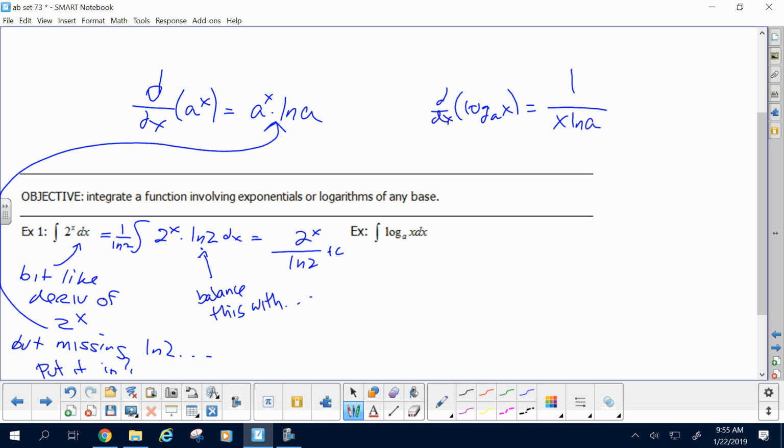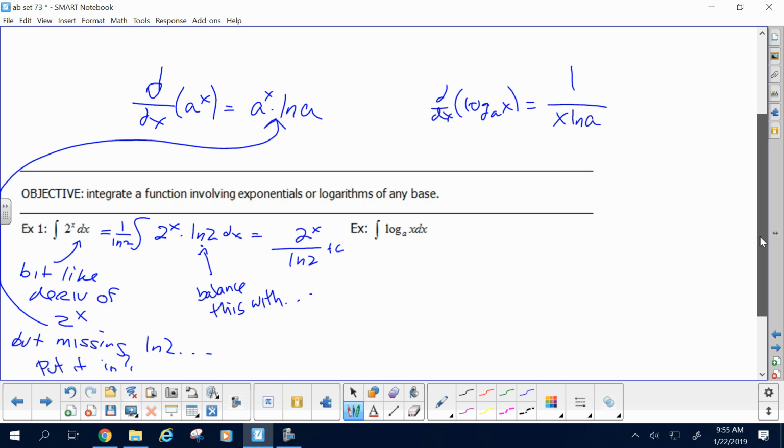When you took the derivative of a to the x, it was a to the x times log of a. When you take the antiderivative of a to the x, it's a to the x divided by log of a. You can see 2 to the x over log 2. Are you with me? Now, this thought process, you're not going to actually show every time. That work is not required every time.